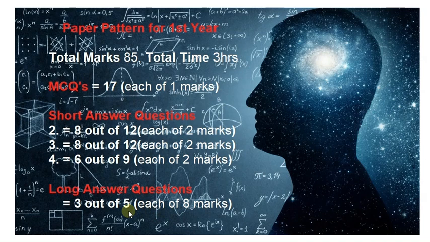Part A has 5 marks and the numerical question has 3 marks. So total 8 marks, 5 plus 3 is equal to 8. 3 questions you have to solve. So long answer questions are of 24 marks, 8 plus 8 plus 8, 24 marks.